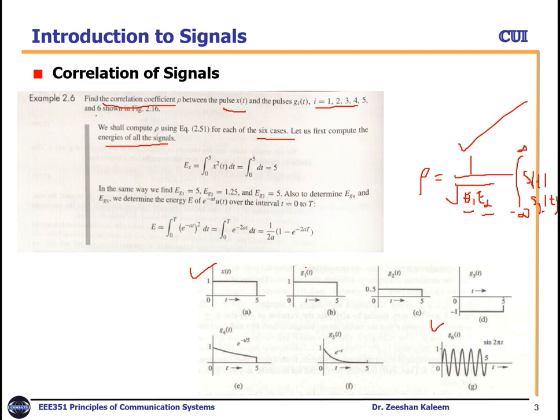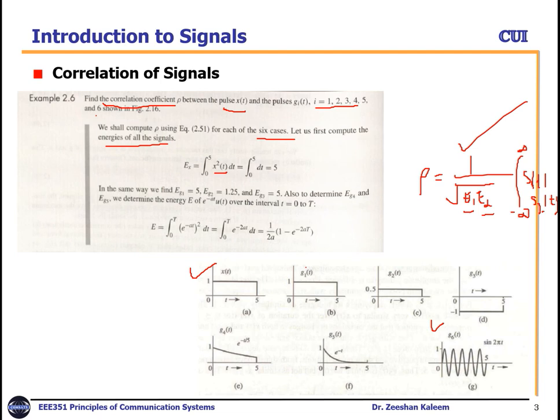For example, Ex(t). If you see, the range is 0 to 5 and the amplitude is constant, which is 1. So the integral is from 0 to 5 of x squared t. Because it is energy, there is a square term here. If we put in the value, x(t) is 1, and the square of 1 is also 1.